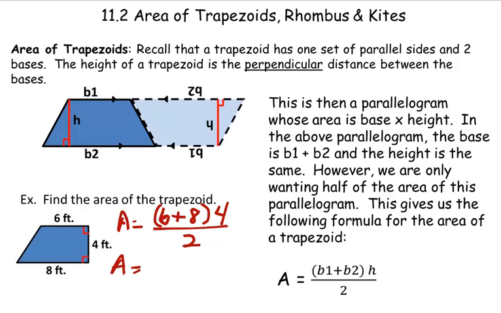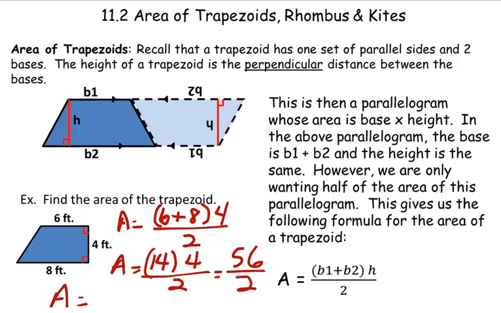So my area is going to be 6 plus 8, which is 14, times 4, divided by 2. 14 times 4 is 56. And when I divide that by 2, the area here is going to be 28. And then remember that area is a squared unit, so this would be feet squared. Okay, so that is how you find the area of a trapezoid.